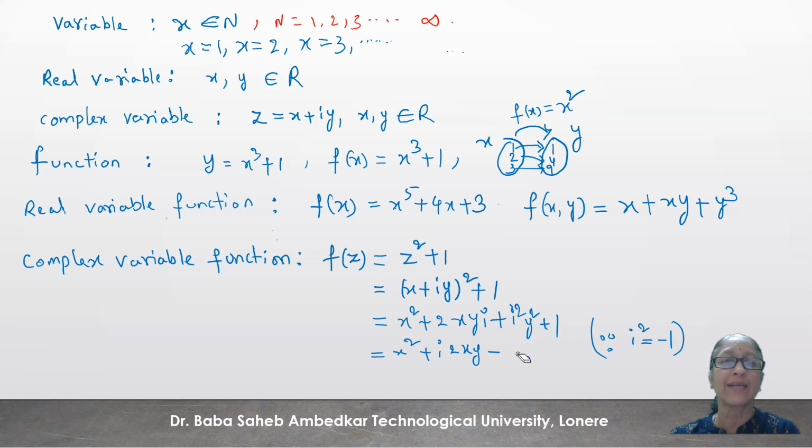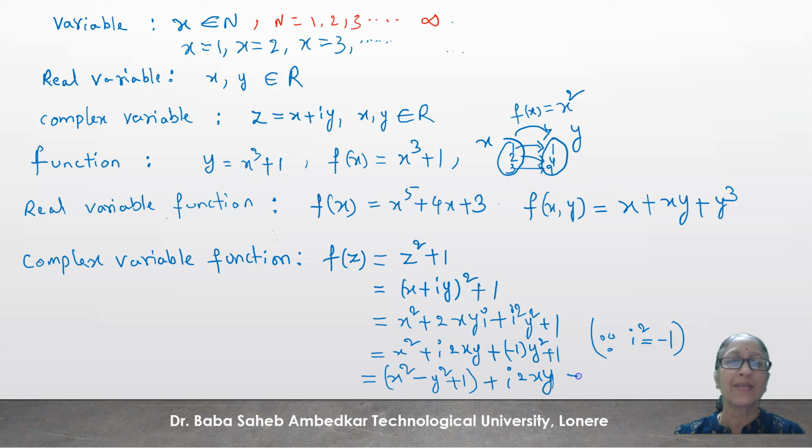Otherwise you can write it as minus 1 into y square plus 1. So if we write all real terms together, you get (x square minus y square plus 1) within one bracket plus i into 2xy. So I have written all real terms in one bracket, then this is imaginary part.